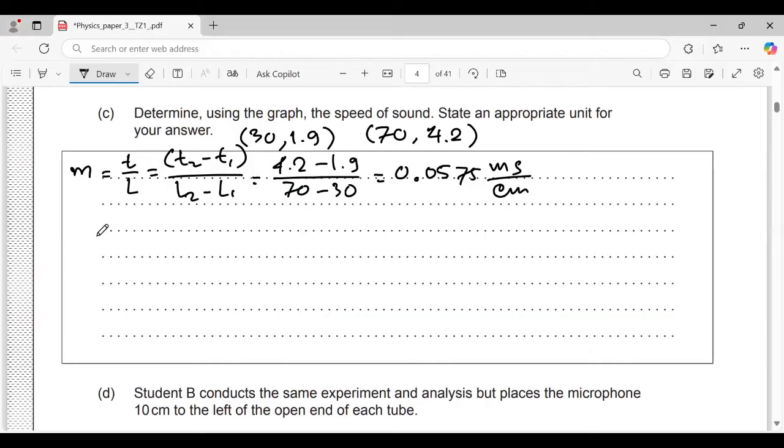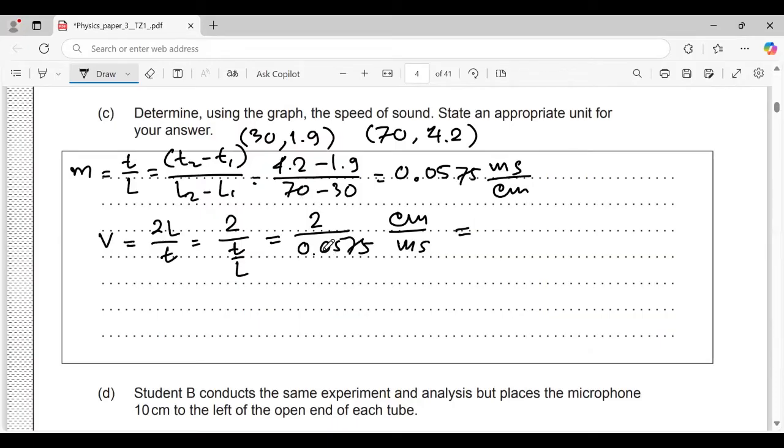Now, how about the speed? Speed, or velocity, is 2L over t, or it is 2 over t over L. So it is 2 over this number, 0.0575, which becomes centimeters per millisecond.